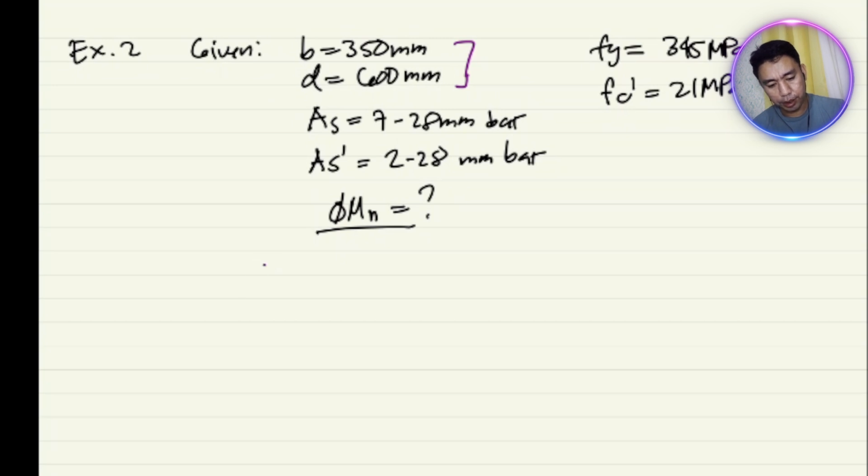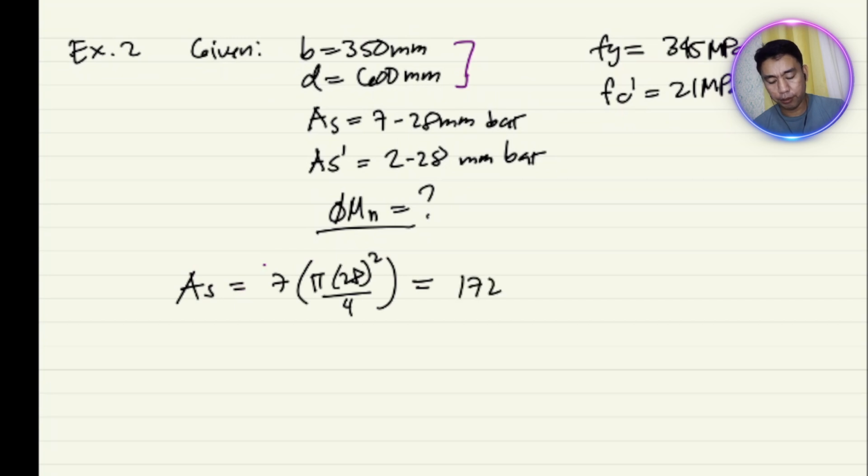So let's start with AS. Ang AS natin is 7 28 mm bars. So the area is pi times 28 squared over 4. Okay, we have 7 of it. So this one is 17,241.06 mm squared.